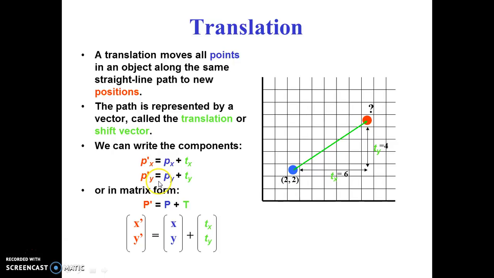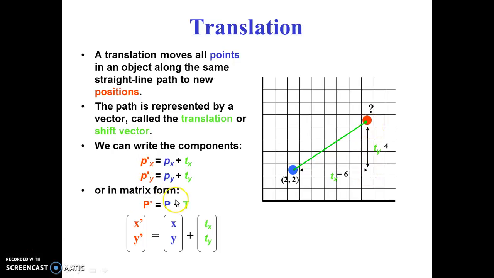P dash y, the new y coordinate, equals py, the original y coordinate 2, plus ty, which is given as 4. So it will be 2 plus 4, that is 6. So the new coordinates become 8, 6.